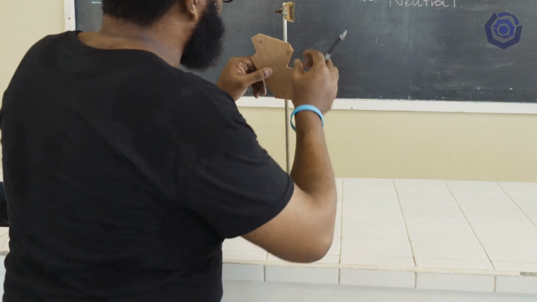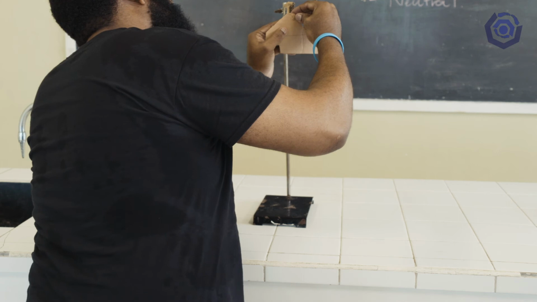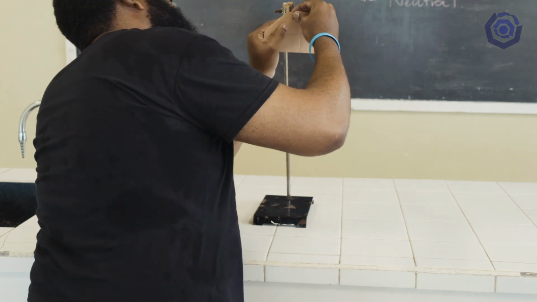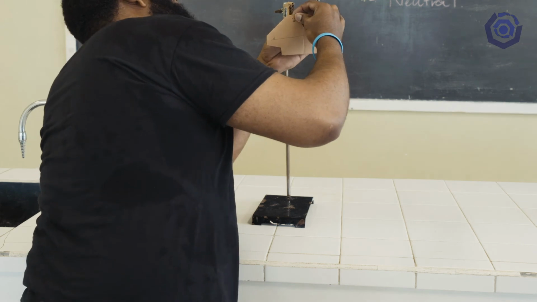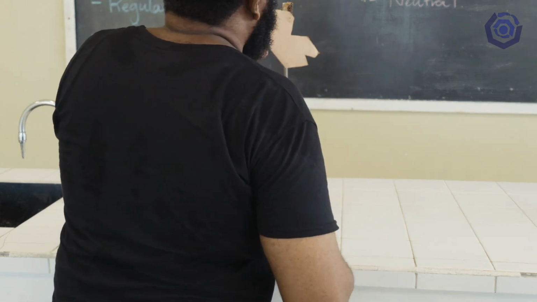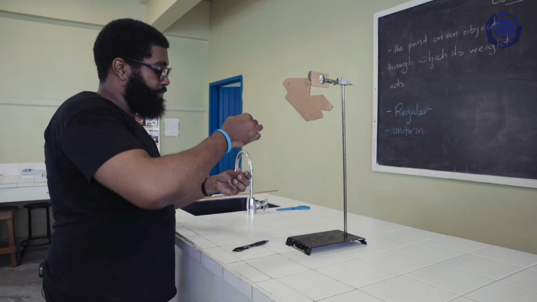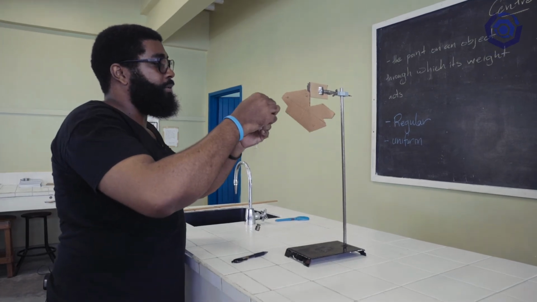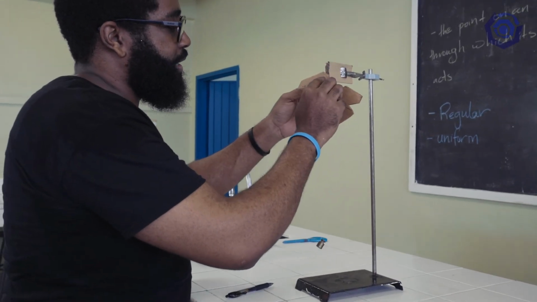We take our lamina, place it on our paper clip again. Aha. It's suspended from our second point with our plumb line. We suspend it from that second point.